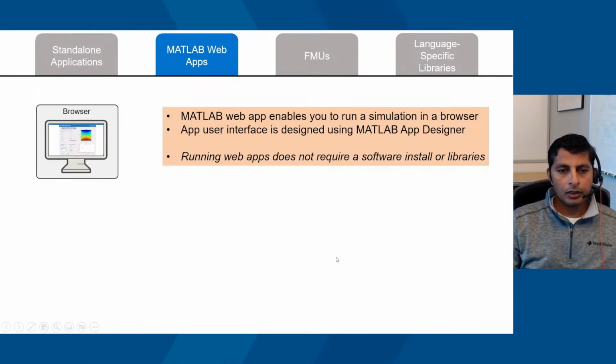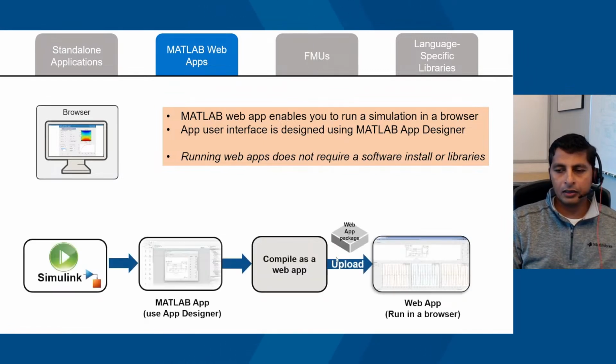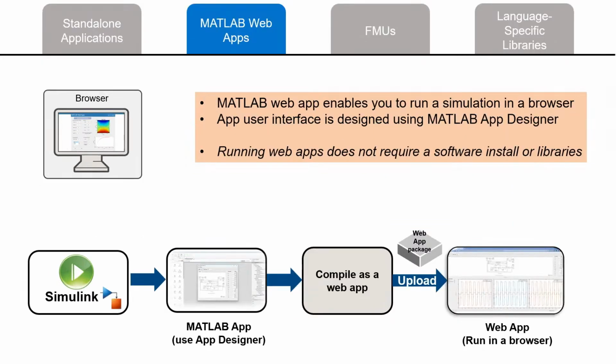So looking at the workflow, we have the model, and then the app gets created in App Designer, which we showed in detail, and then you compile it as a web app instead of the standalone desktop options you already saw. Now you compile it as a web app, and then it's available in the browser. So let me show you a running version.